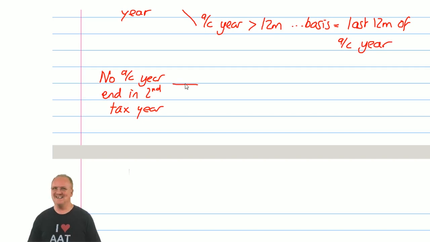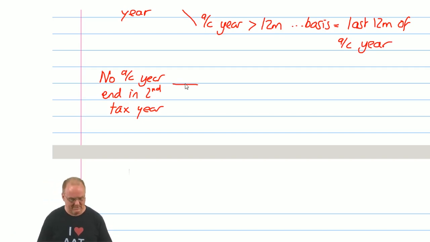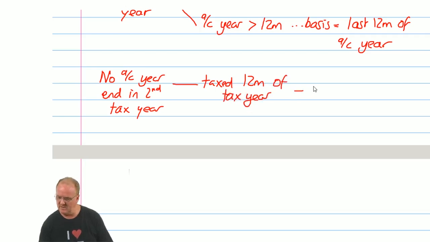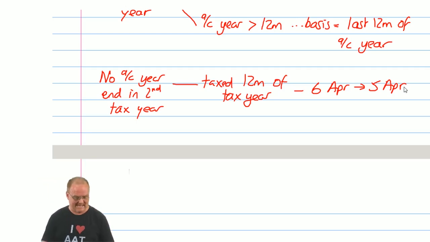Ha ha ha. That's fairly never going to be the answer, is it? What happens now? You will be taxed for 12 months of the tax year. In other words, from the 6th of April to the 5th of April, you are taxed for the 12 months profits you've made in that tax year.